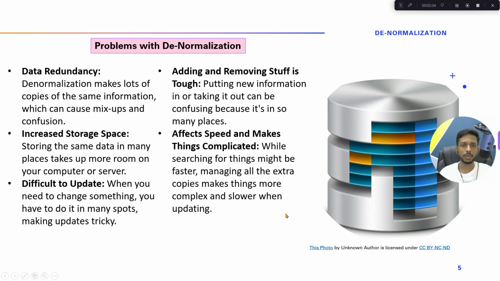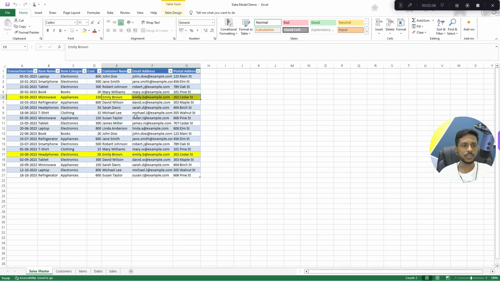If you want to update this address, imagine millions of records in one single table, and this person has bought hundreds of times and 20 different products. Updating the information across all of those records is really difficult. Sometimes we need to change their email address, or the physical address, or some other thing, and it is very difficult.